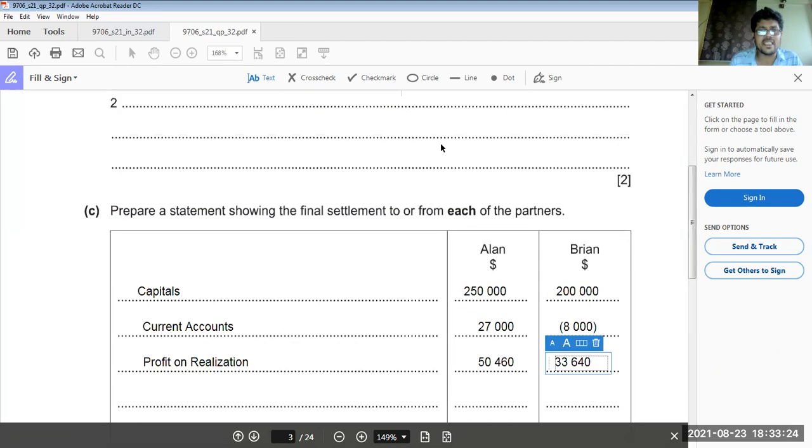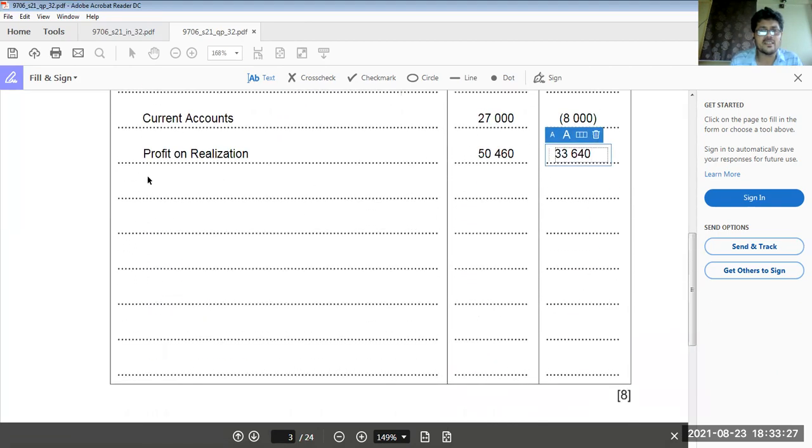Now Alan has taken a motor vehicle. Taken up by Alan, so this is going to be reported as 28,000. And it is going to be recorded in minus because this will decrease the capital of Alan.